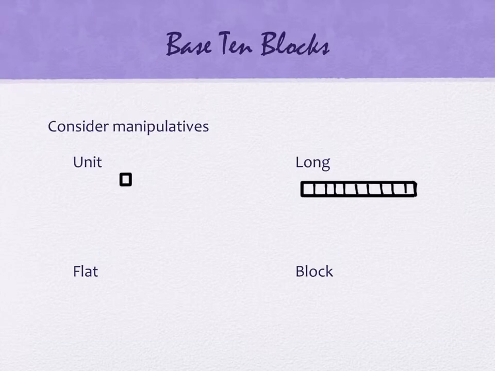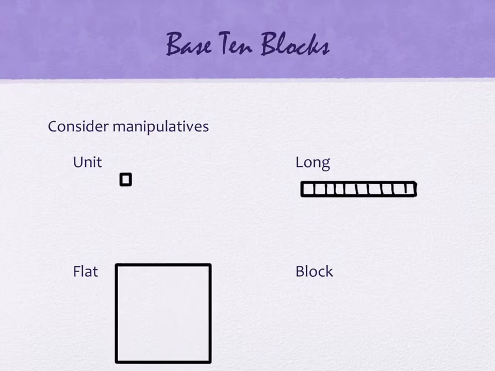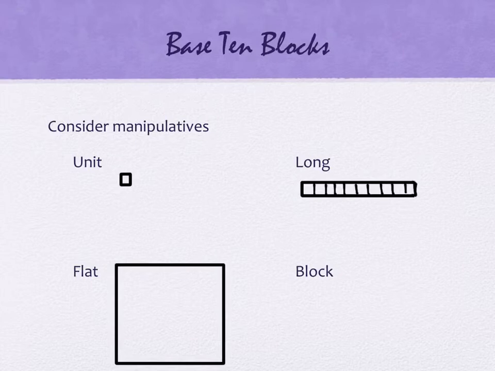A flat is actually a 10 by 10, so it looks like a big old giant grid. 10 rows, 10 columns, hence it's worth 100, right? So a unit is worth 1, a long is worth 10, there's 10 little blocks. A flat is worth 100 because there's 100 little units.